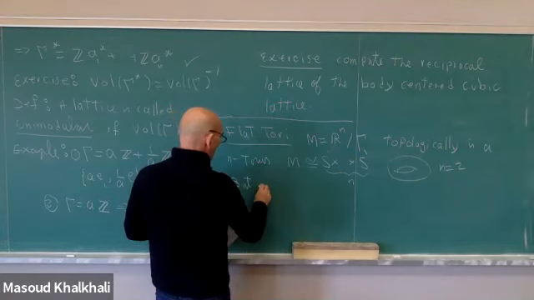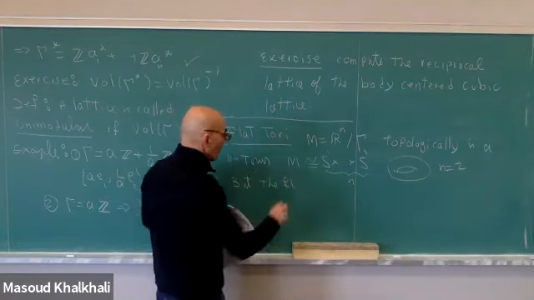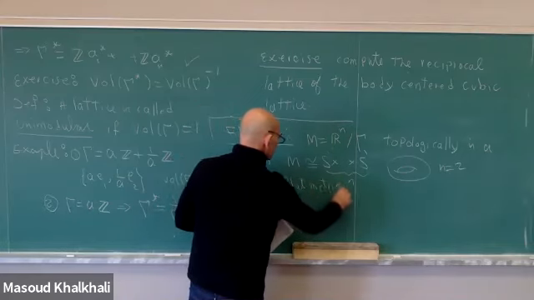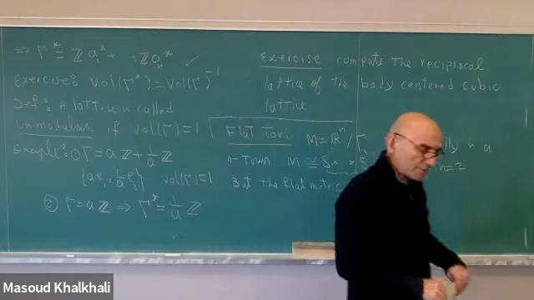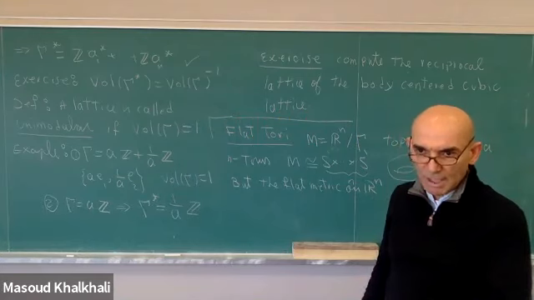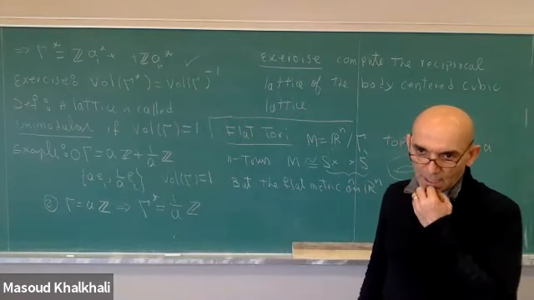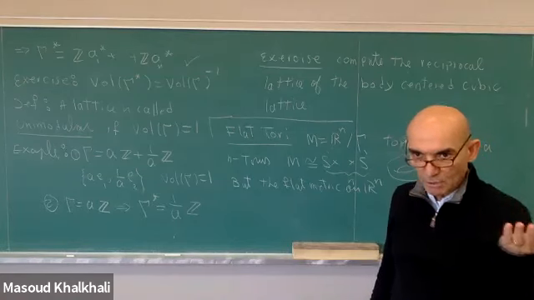The flat metric, the Euclidean metric on R^n, induces a unique metric on the quotient such that the projection map, the covering map, is a Riemannian covering map, or a local isometry.